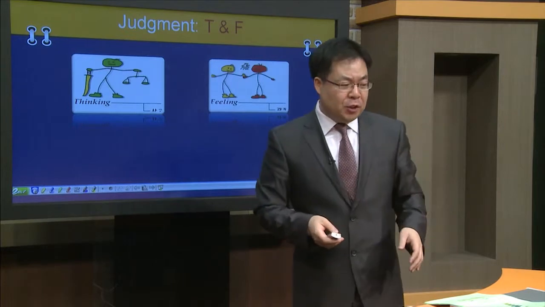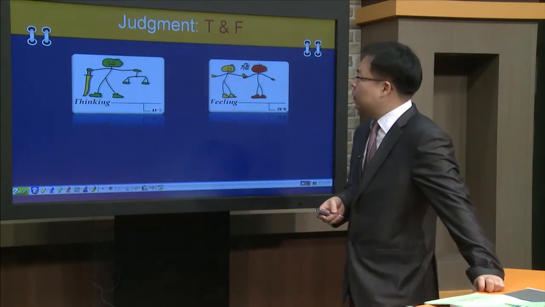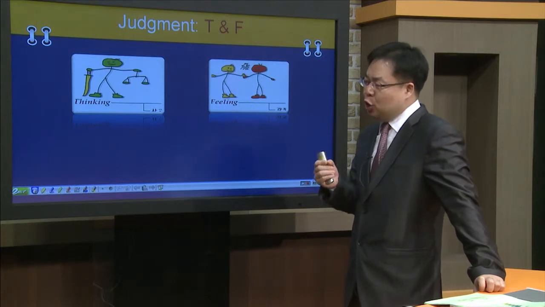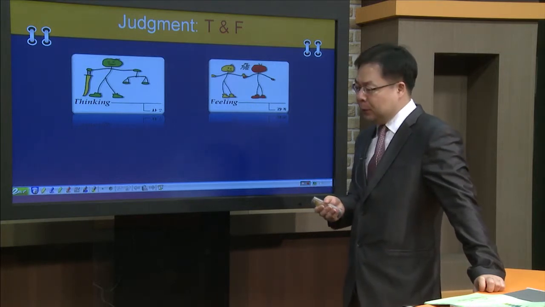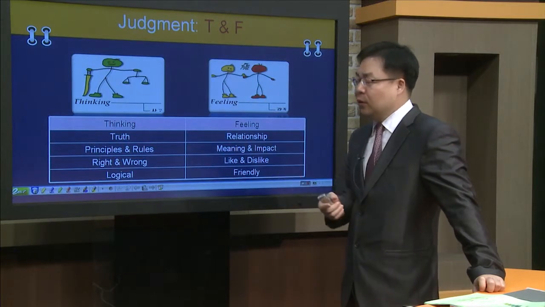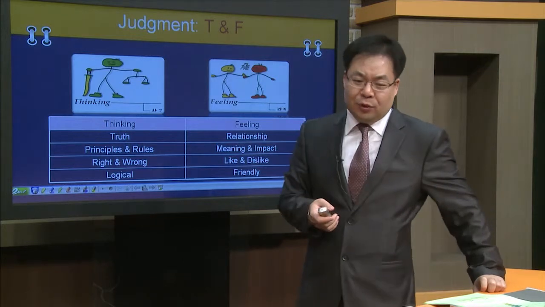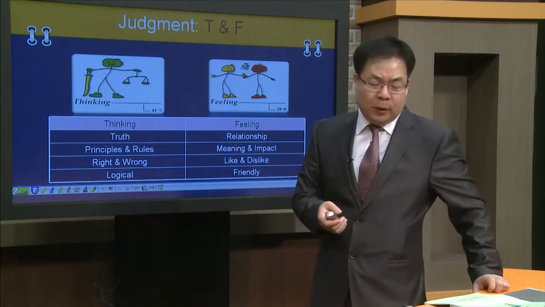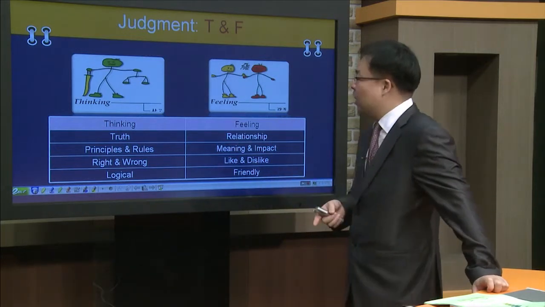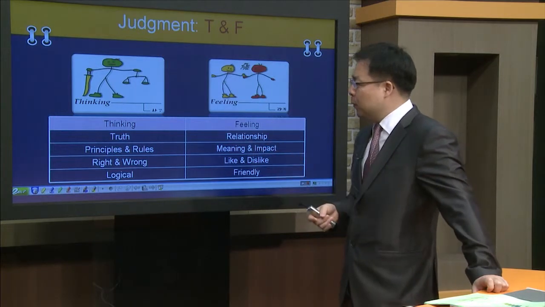The next indication is judgment, T and F. If they judge based on rules and principles, they will be the T person. If they judge based on relationships with others, that will be the F person, like feeling. So the T person focuses on truth.